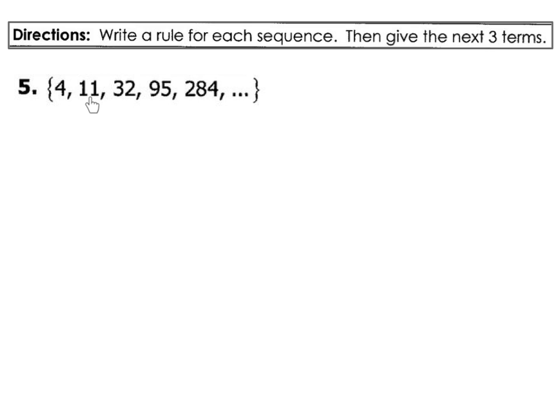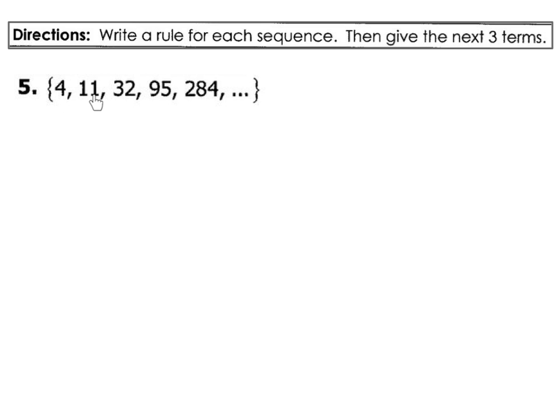And that same rule applies if we go from 11 to 32. 11 times 3 minus 1 gives us 32. So the easy way to do it is look at the first three terms to help you figure out that rule. All right? So our rule here is that we triple the term, minus 1 gives us the next term.